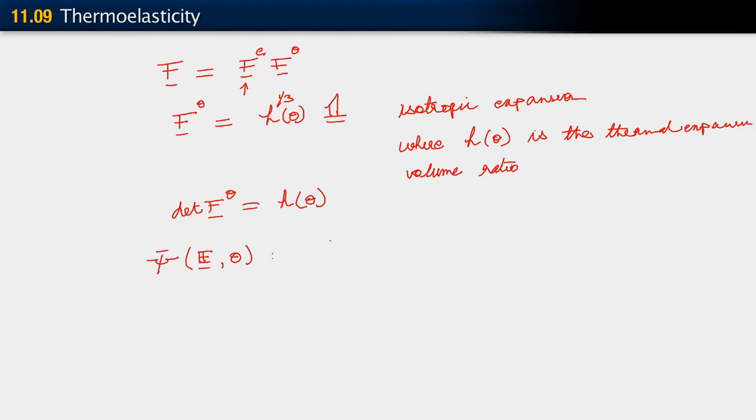So we want to think of this entire function as something where this stores elastic energy only due to Fe, the elastic part of the deformation gradient.